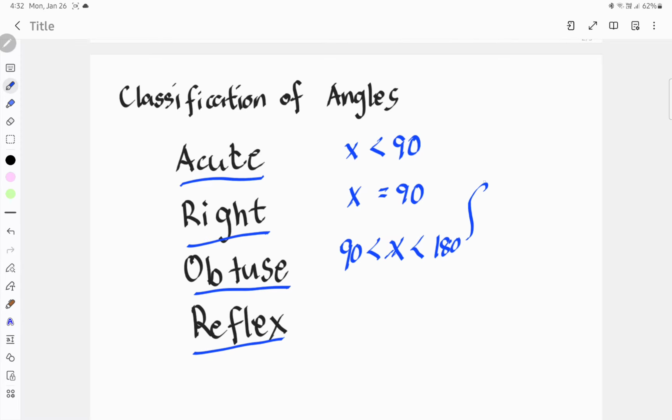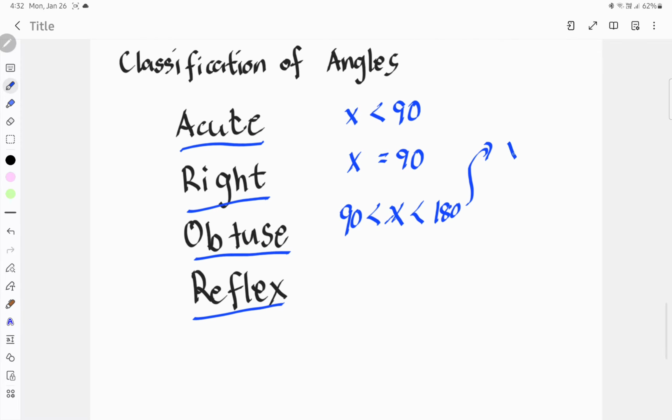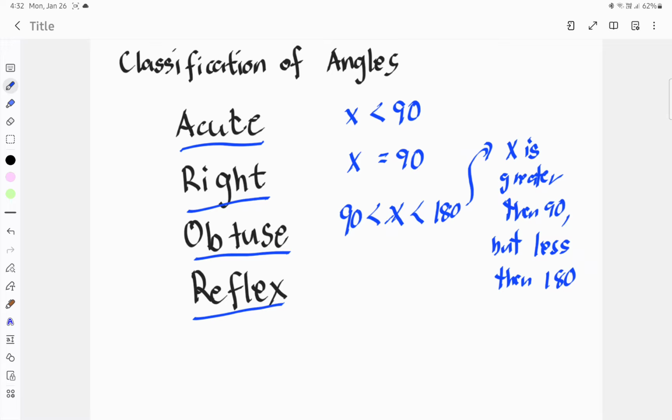So we read that as x is greater than 90 but less than 180. Technically, those are the first three, which we look at in Euclidean geometry.